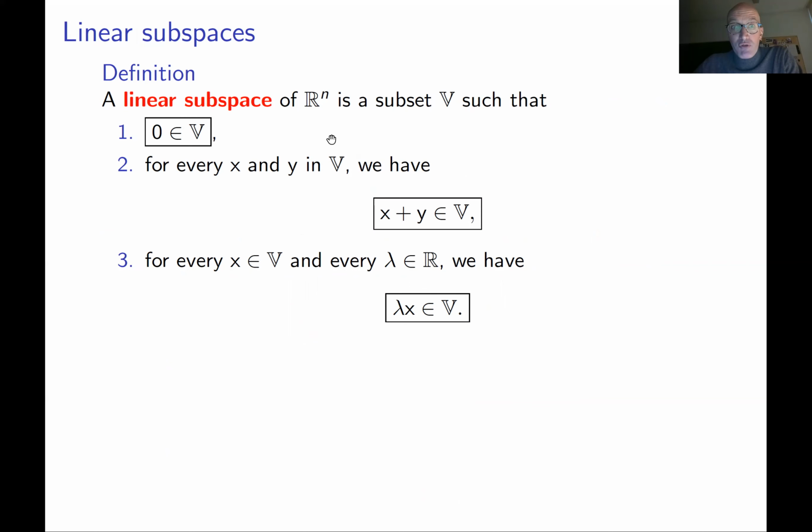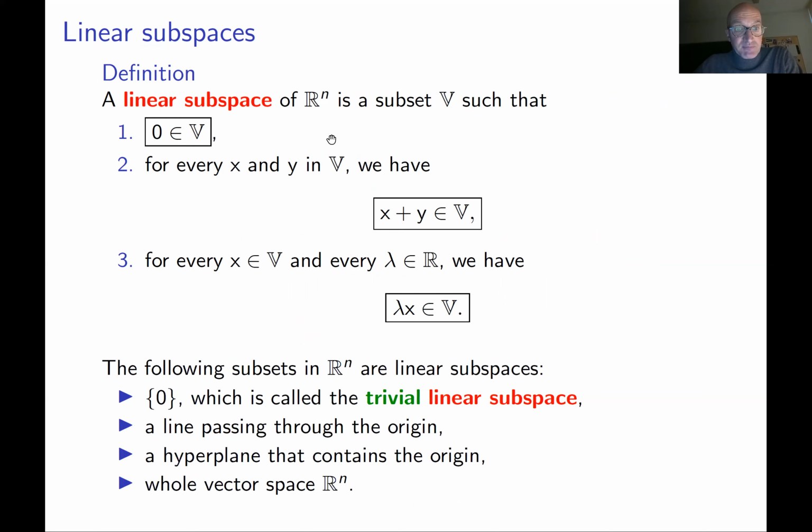And the final third property: if you have a vector in the linear subspace V and you multiply it by some number, then the resultant vector is also contained in V. Just three properties. Here are absolutely standard examples of linear subspaces of n-dimensional space.